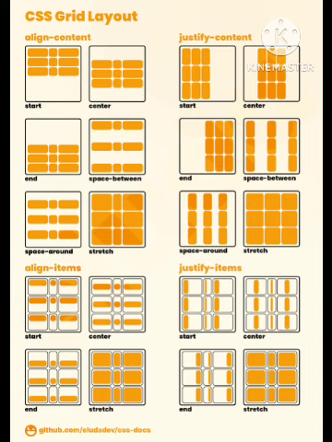What will happen now? You will have 2 columns and 3 rows, because we are having 6 divs, right? Each div will have a 200 pixel width, and the number of columns is decided here because you are giving only 2 units, right? 200 pixel 200 pixel.